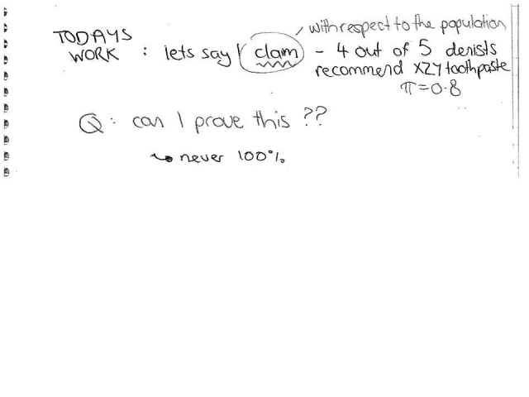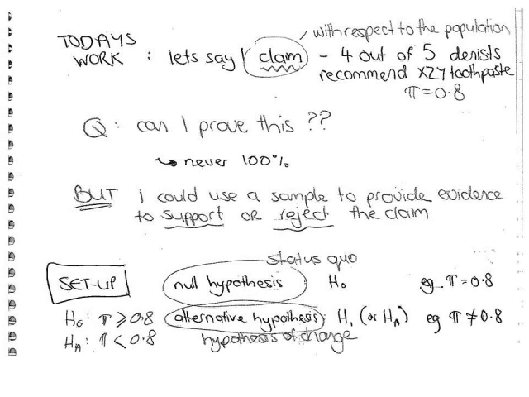But the reality is, in real life, I want to make claims about populations. I'm never going to be 100%, but what can I do? I make the claim about the population. I can then take a sample and use my sample as evidence to either support or reject that claim.